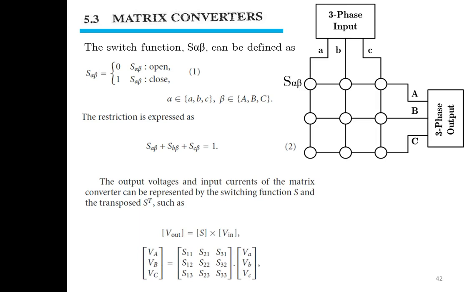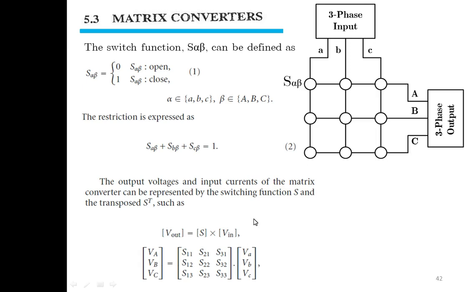The output voltages and current of the matrix converter can be represented by the switching function, that is on or off, of switch S and transpose ST, such that output voltage here is equal to the switch function multiplied by the input.